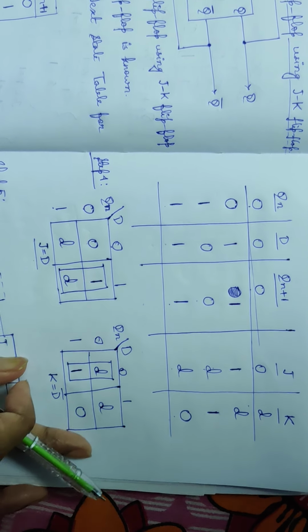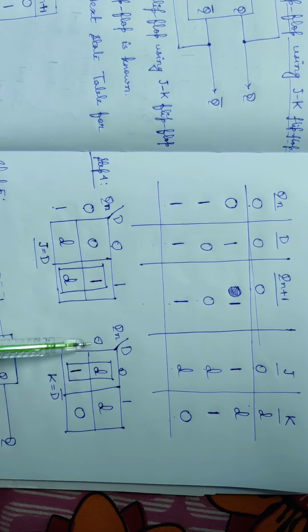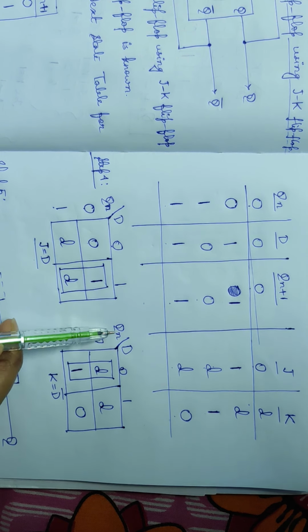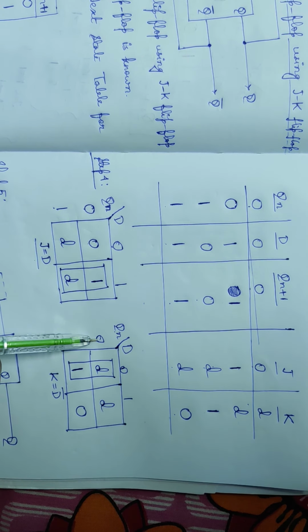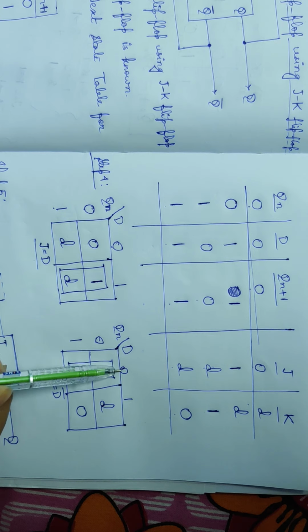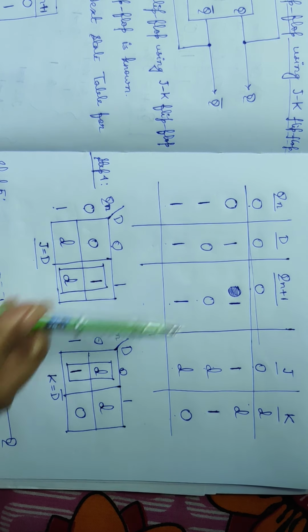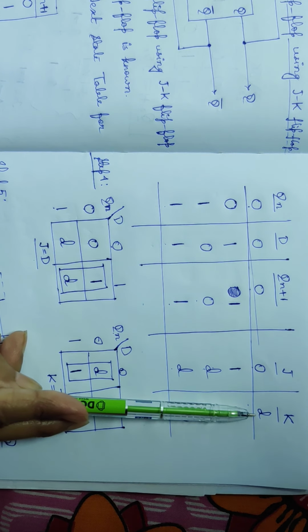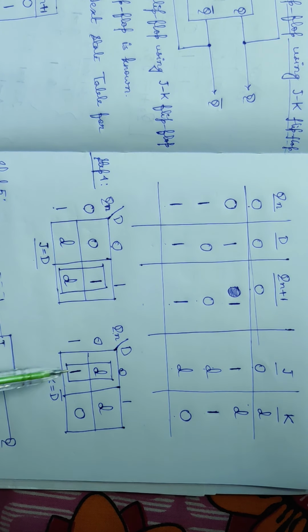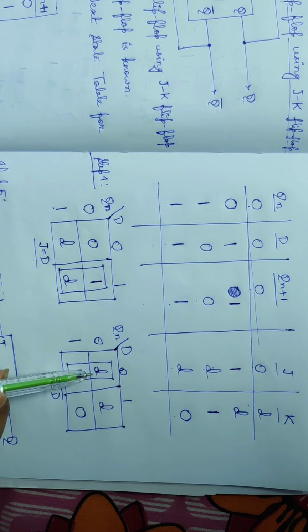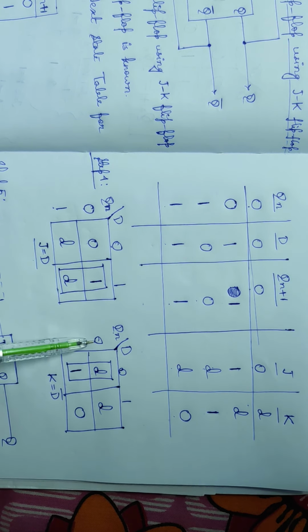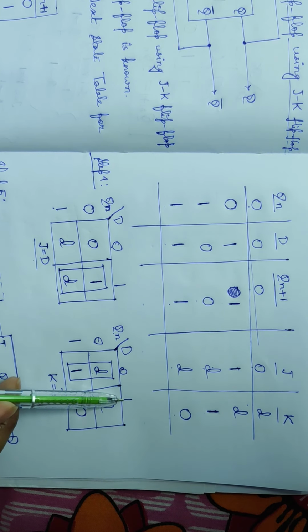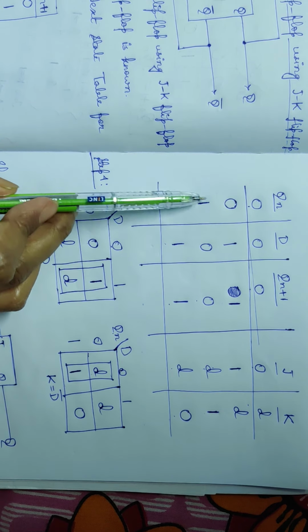Now following the same procedure, this is Qn, this is D. So when Qn is 0, D is 0. What will be the value of K? Qn 0, D 0, value of K is D. So we have written D here. Next, Qn is 0, D is 1. What is the value of K?